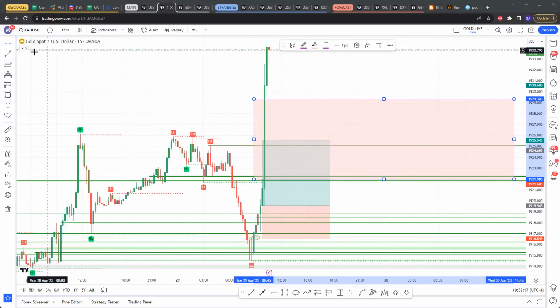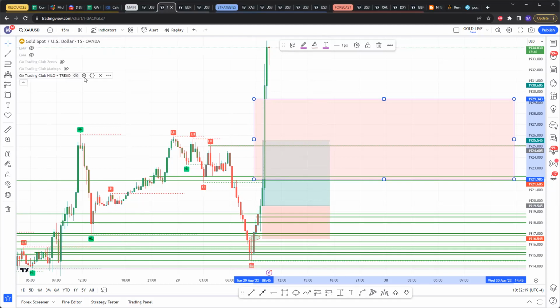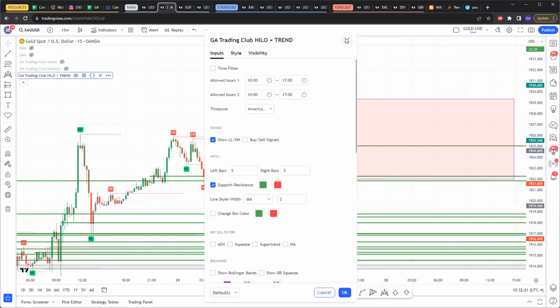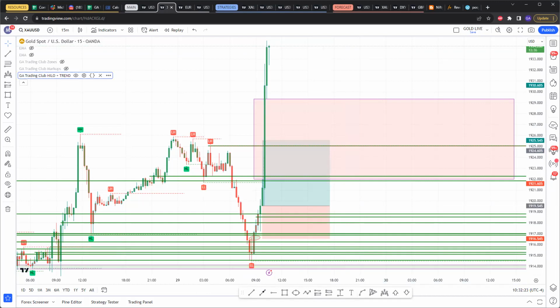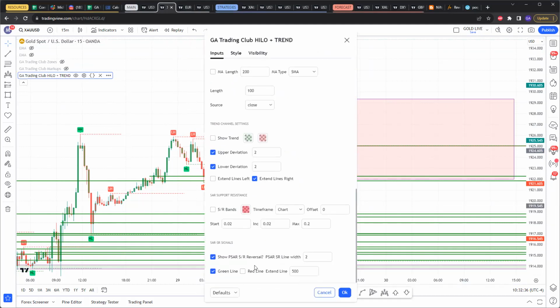Sometimes the way I used to use it is I try to find institutional candles. For example, before a big high move, sometimes there is a red candle which goes down, and that can be considered an institutional candle.